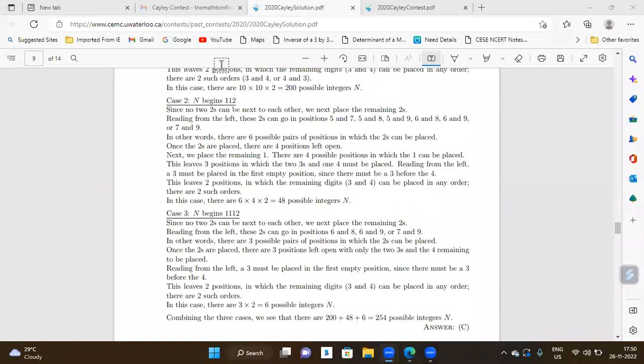So, case 3 begins with 1 1 1 2. Wait, let me just draw the chart again. Yeah, sure.